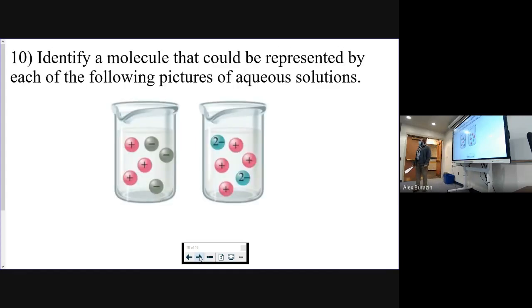Hey, look, pictures. What ionic compound could this possibly represent? Sure. Are there others? Sure. As long as it's 1 plus 1 minus, you're good. What ionic compound could this represent?